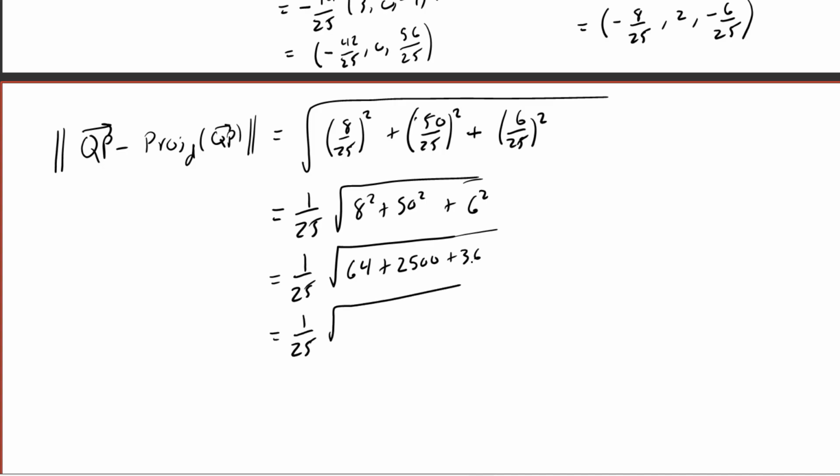Square root, 36 and 64 is 100, so this is 2600. And that can simplify a little bit. That's equal to 10 root 26 over 25. The 5 and the 5 cancel, so we get a 2 over 5. So we get 2 root 26 over 5.